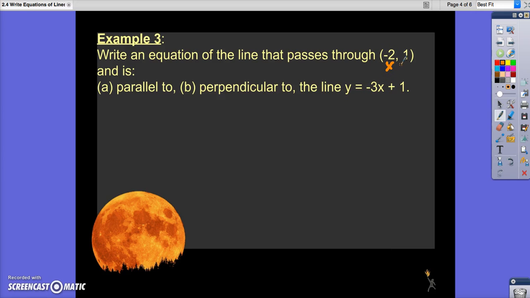I have a single point and I need my slope. So it's still like the last one, but the difference is I'm not coming straight out and telling you what m, your slope, is. My slope is going to be based off of this number. What I usually like to tell everybody is take the time and cross out the b. We're going to actually find our own y-intercept, or b, so that's not important. Okay, so let's start A.